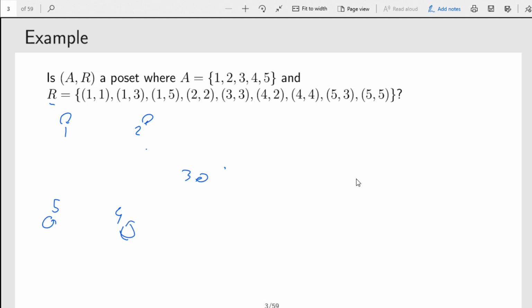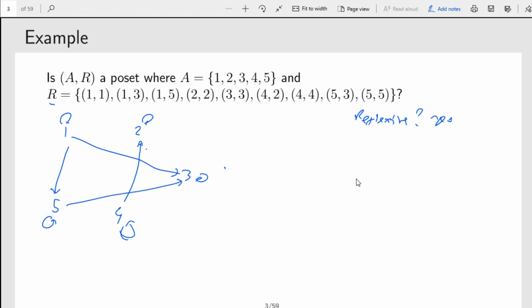So it's clear that it's reflexive. And then you have 1 to 3, 1 to 5, and then you have 4 to 2, and then you have 5 to 3.